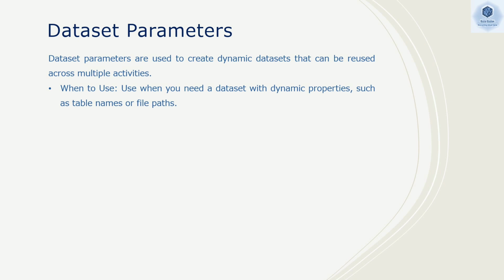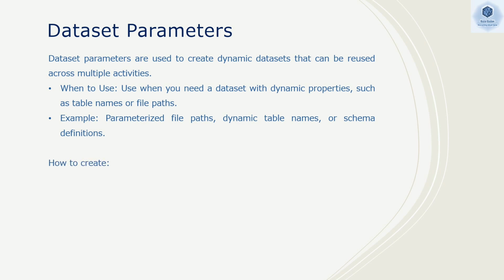It can be used when you need to point to different tables or different file paths using a single dataset; you can just parameterize the dataset. For example, if you are going to refer to 10 tables within the same data source, then you can parameterize the dataset and access them with a single connection.